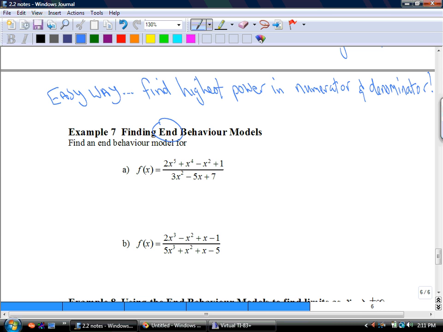So the easy way to find the end behavior model is to find the highest powered term in the numerator and the denominator. So what's the highest powered term in the numerator? 2x to the fifth. What's the highest powered term in the denominator? And now simplify.